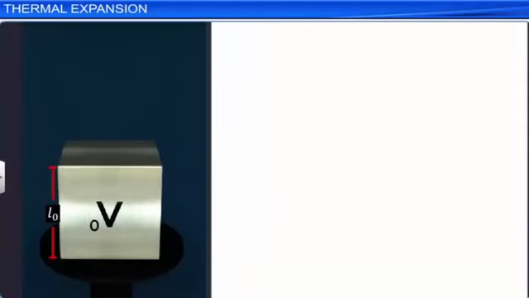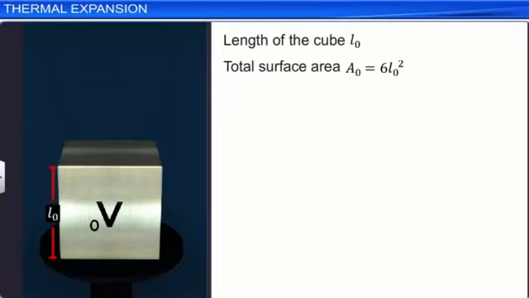Let's prove the identity by considering a cube of length L naught. Its total surface area A naught is equal to 6 L naught square and its volume V naught is equal to L naught cube.